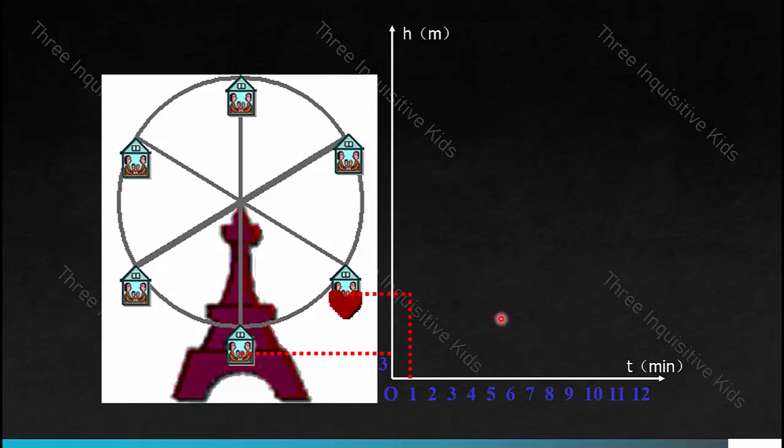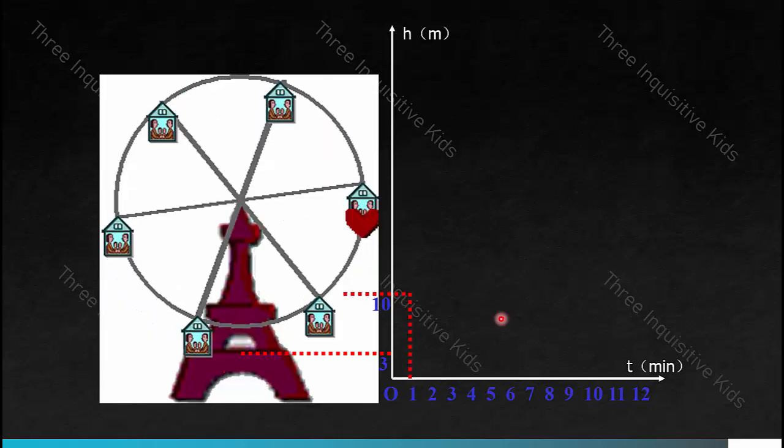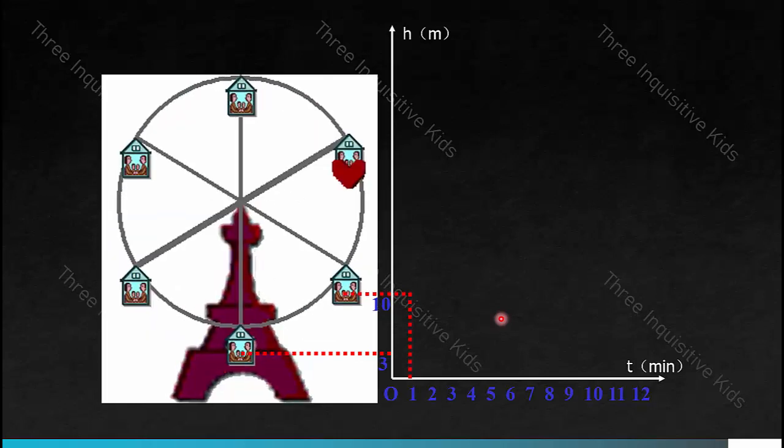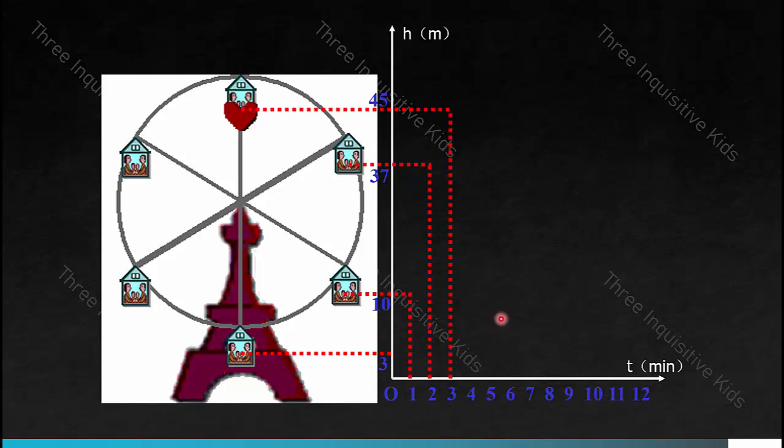A little while up, you are at 10 meters above the ground. And then you're at 37 meters. 45.